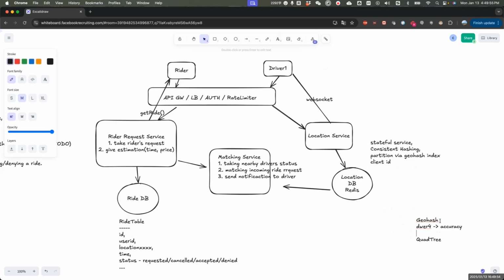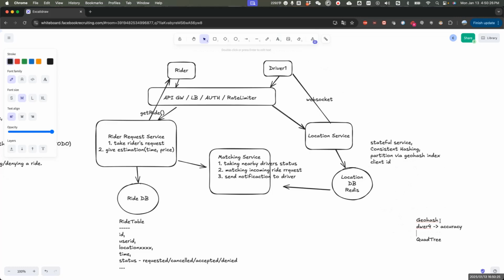However, the drawbacks of geohash are also obvious: at the border of the geohash area that a rider or a driver belongs to, it actually needs to request data from a different geohash location.